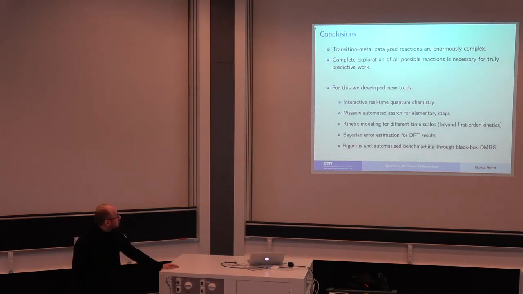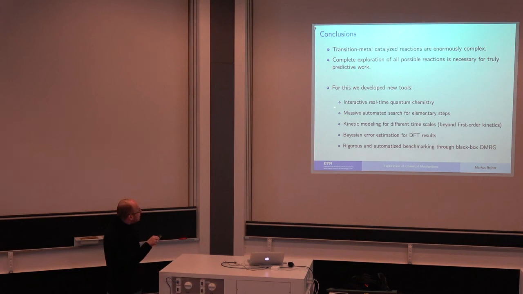Brings me to my conclusions. So you've seen that transition metal catalyzed reactions are enormously complex. And in order to do a complete exploration of what these systems are capable of doing, if you really wanted to look into a new system for truly predictive work, you need to have new tools.